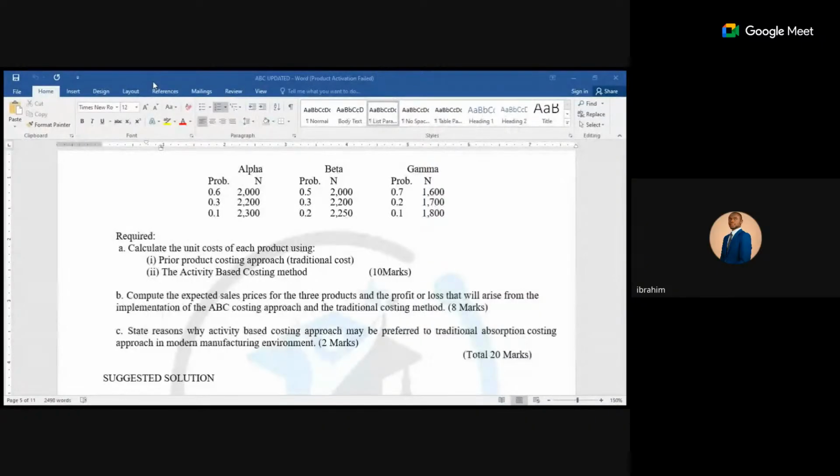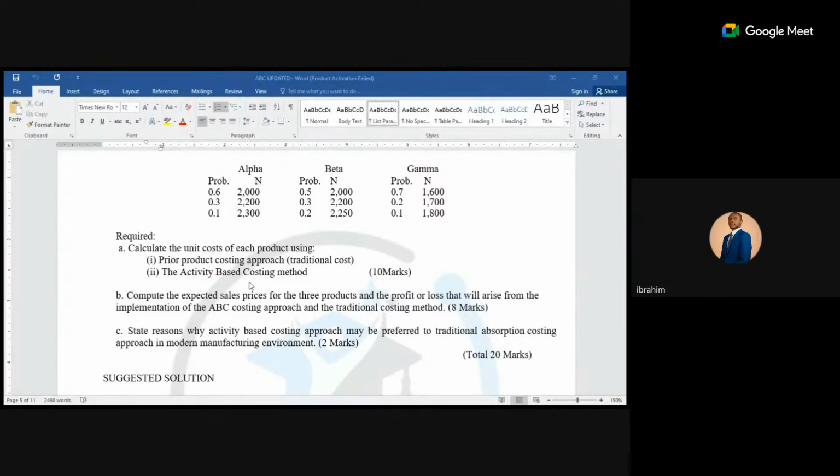In today's class, we shall continue with the lecture. We'll start with the Roman figure 2 part of this question, which is the activity-based costing. We should not forget that activity-based costing came into existence to replace the traditional approach, meaning the basis of absorption of overhead.